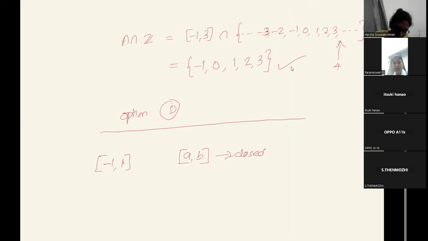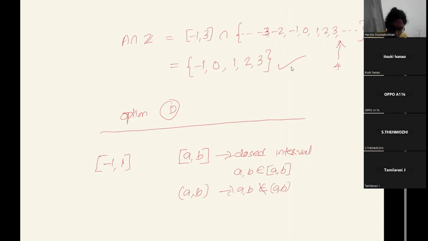That means both A and B belong to this set. In the same way, open interval means I will take this round bracket, not the square bracket. In that sense, A and B do not belong to that set. All the points between A and B belong to the open interval, but the end points A and B do not belong to it.